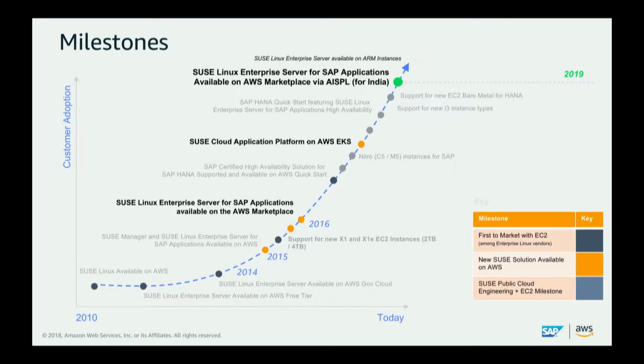Since then, the variety of instances based on SUSE Linux Enterprise Server and SUSE Linux Enterprise Server for SAP Applications are growing dramatically. For example, in 2015, a 2 terabyte system for a single host instance was available, and the main purpose for that was running SAP HANA in the cloud.